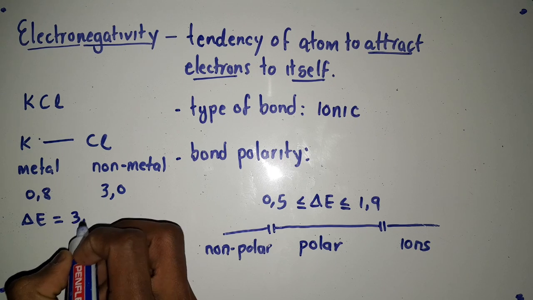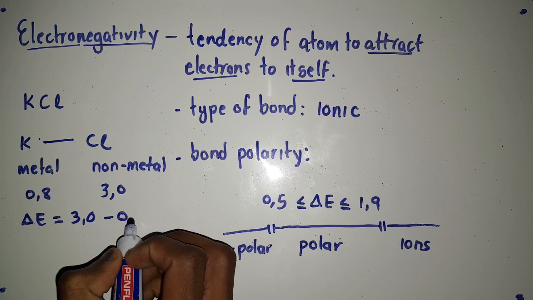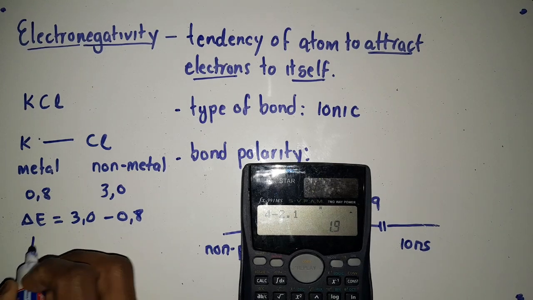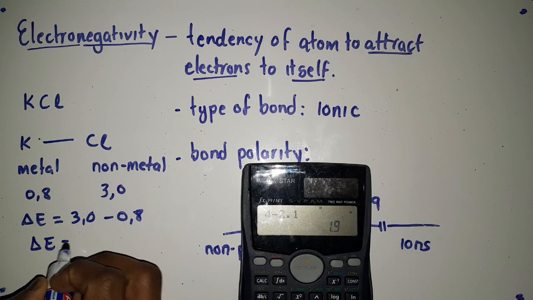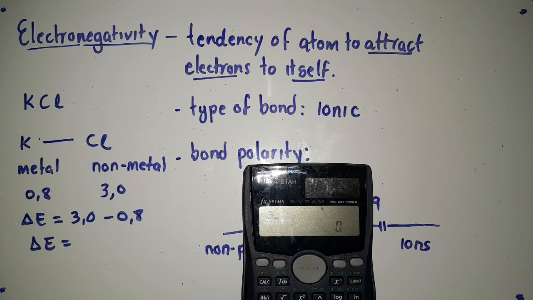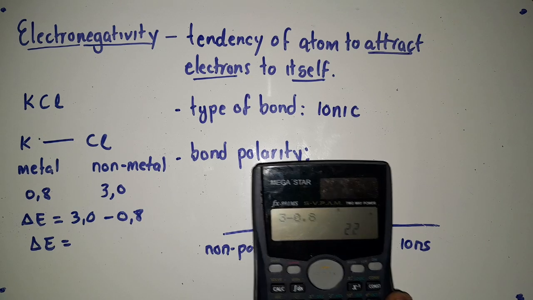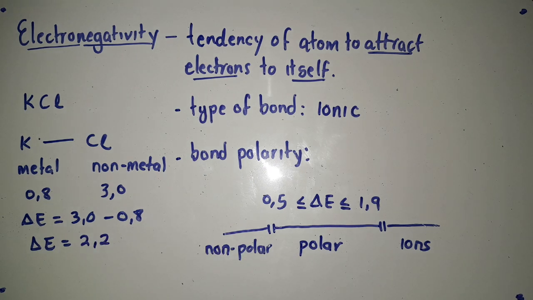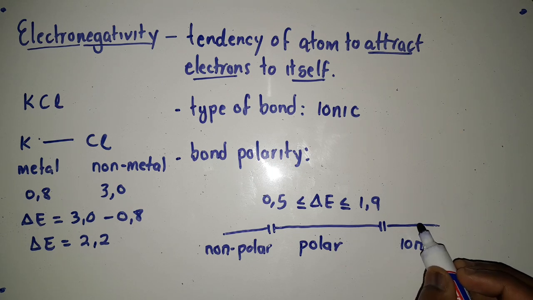We have 3.0 minus 0.8, we get 2.2. Where does 2.2 sit in our scale?